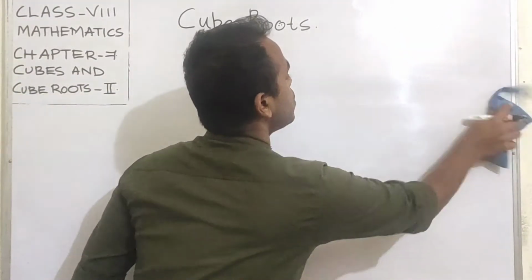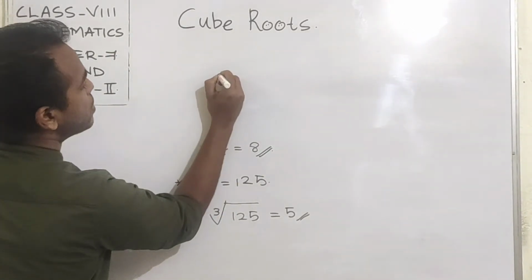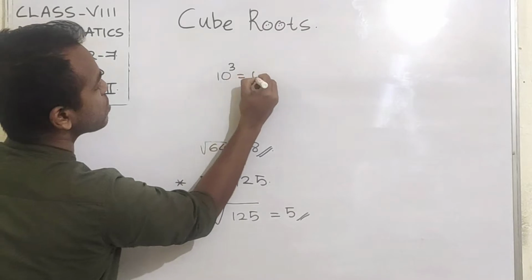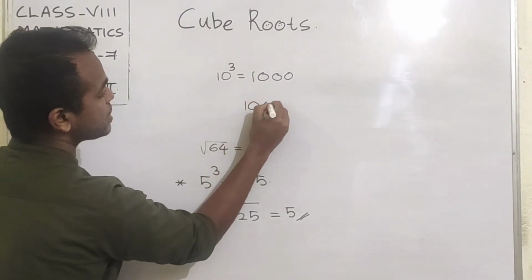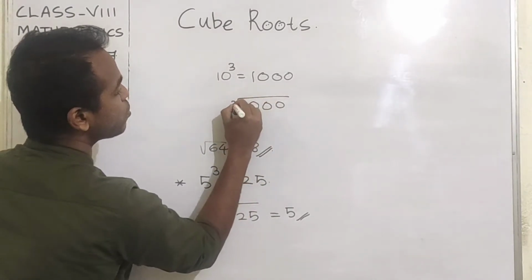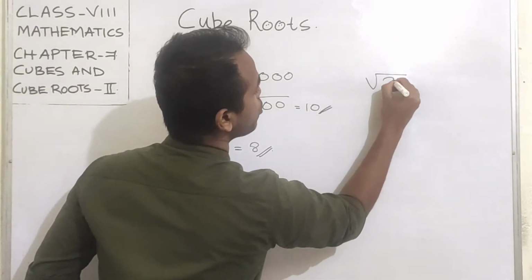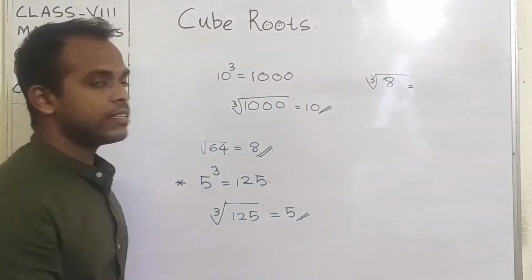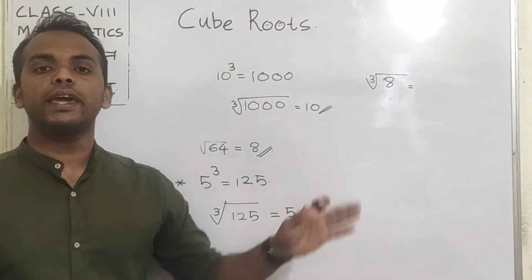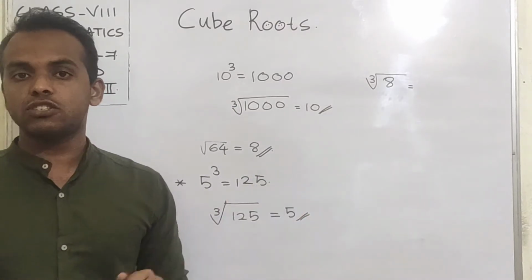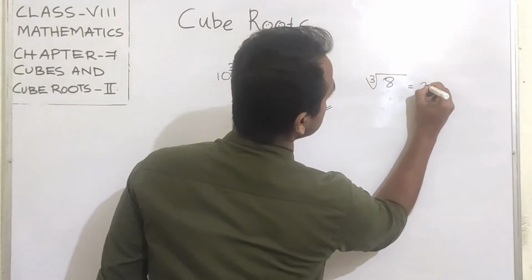Let's make some more clarity. We have seen that 10 cube is equal to 1000. Then what can you write as the reverse operation? The cube root of 1000 is equal to 10. Then what will be the cube root of 8? For knowing this one, we just need to check whose cube is 8. It's 2 cube. So we can write cube root of 8 is equal to 2.